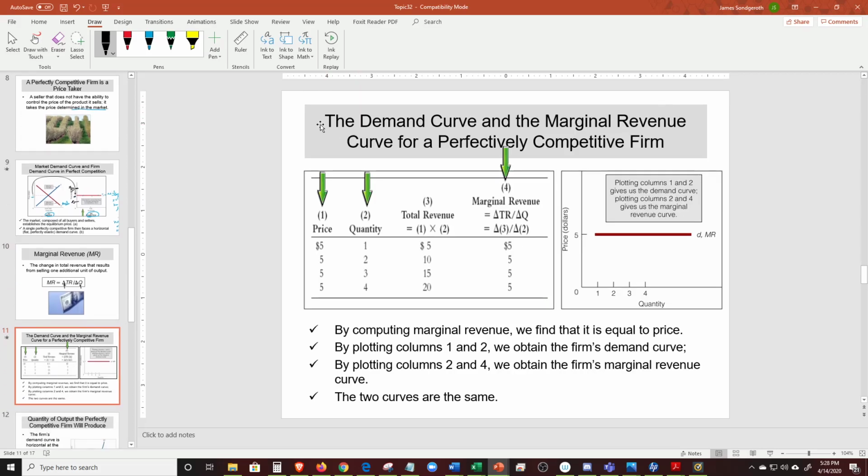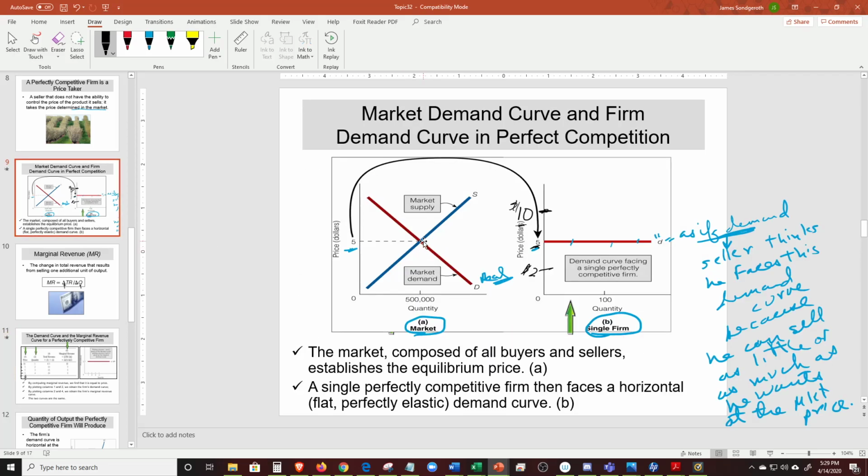Okay, so I didn't have a table of 6 rows, which I believe the question asked us to do. I guess we could add 2 more rows. We have 1, 2, 3, 4 rows. Let's just add 2 more, 5 and 6. So this goes back to the slide up here where the market price is determined at 5, and this firm accepts it and can sell as much or as little as it wants.